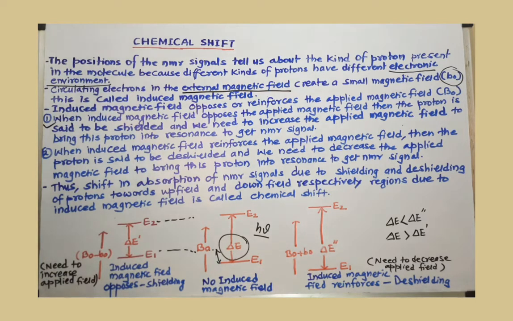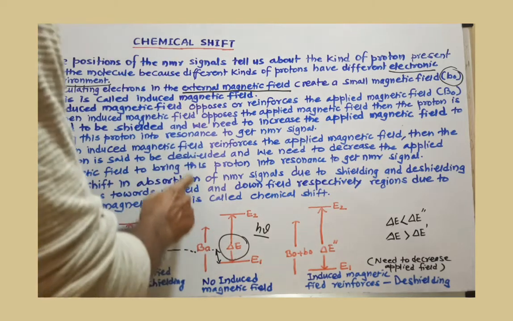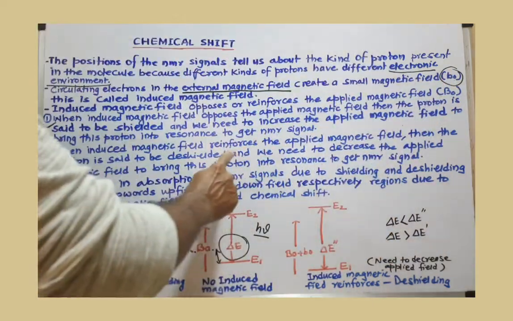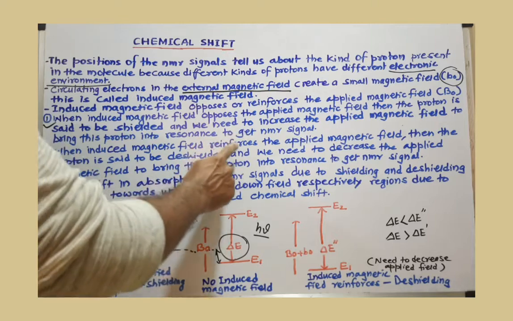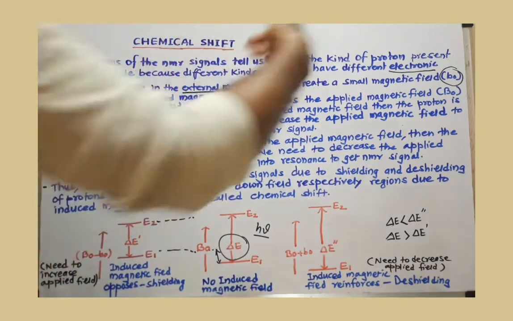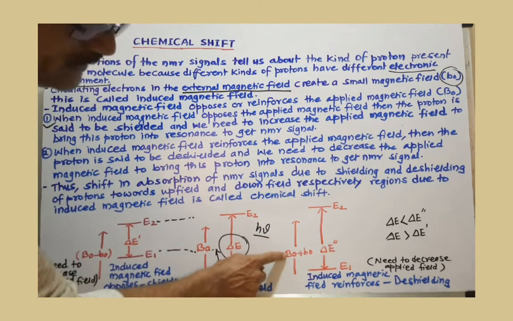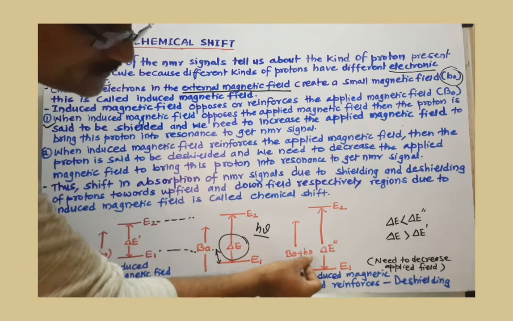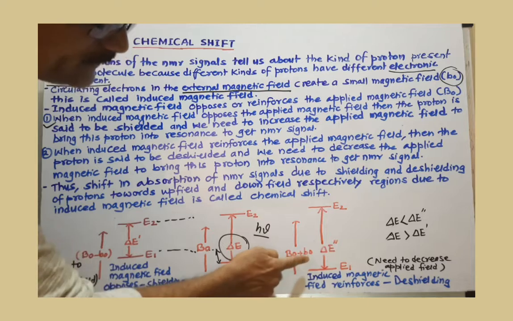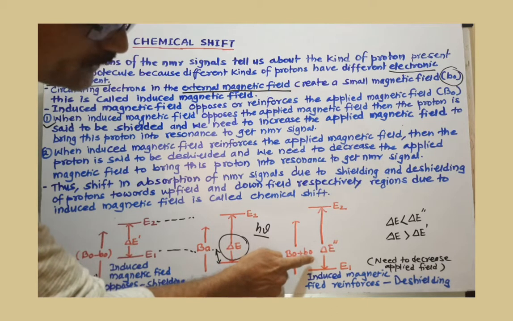Now I am coming to the next point. If the induced magnetic field is reinforcing the applied magnetic field, means added. Now you can consider this diagram. B0 is the applied magnetic field, and this small b0 you can see, this is an induced magnetic field due to circulating electrons.